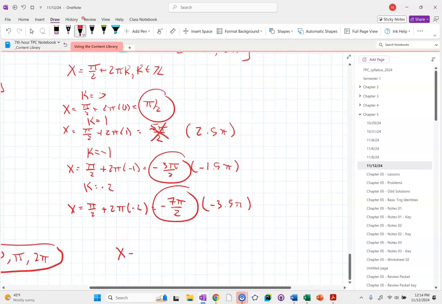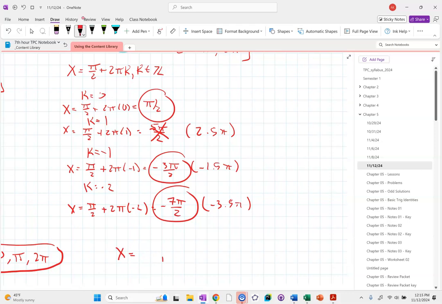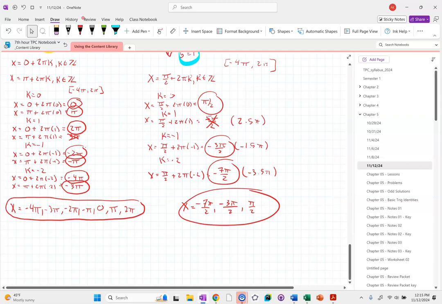So those are my other solutions. Oops. Write them from small to big. You don't have to do that. It's the math teacher in me. So all those are my entire solution set, right?